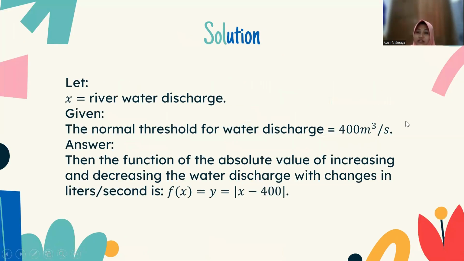And the solution is as Laili said: x is the river water discharge, and the normal threshold for water discharge is 400 cubic meters per second. The function is y equals the absolute value of x minus 400.